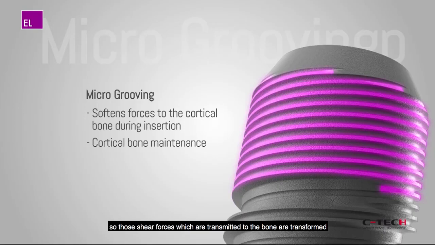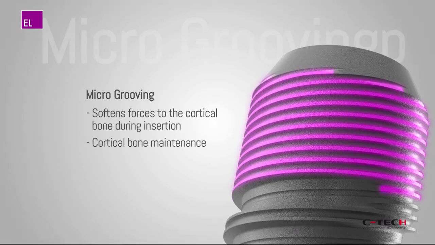So those shear forces which are transmitted to the bone are transformed into micro compression and traction forces, which are not damaging for the bone. The cortical bone needs to be protected from high forces in order to avoid resorption, which would occur when high forces happen.